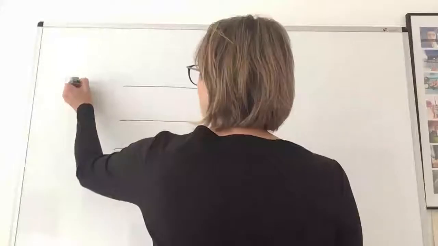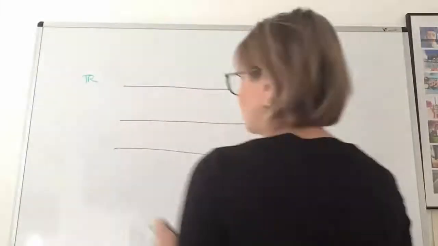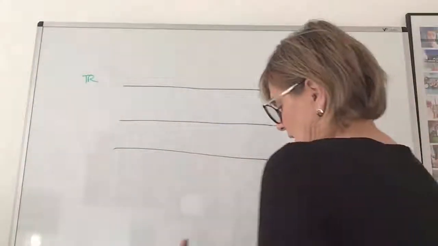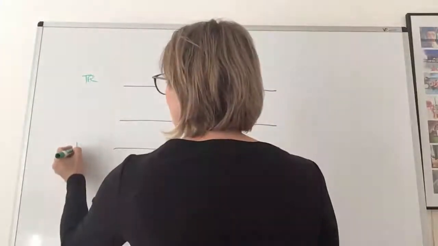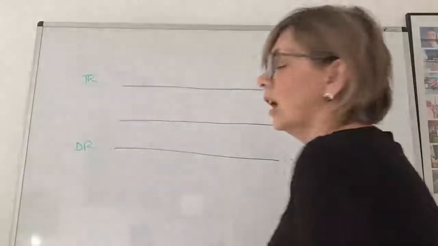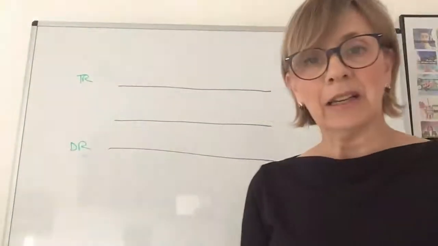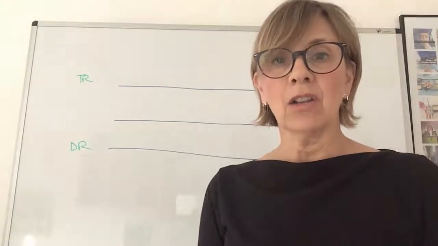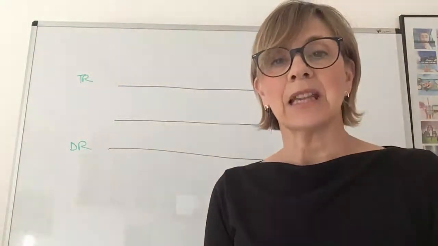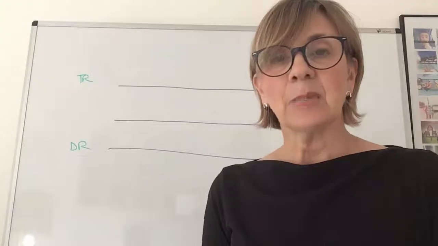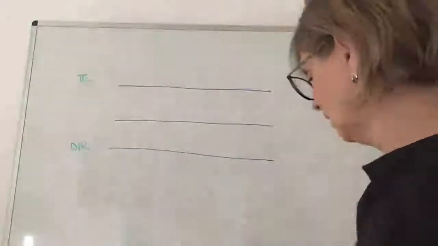And the first is TR, so we're going to deal with straight strokes here. TR and DR. What you do is doubling to represent R. So this is one way to represent an invisible letter, by doubling the previous letter.